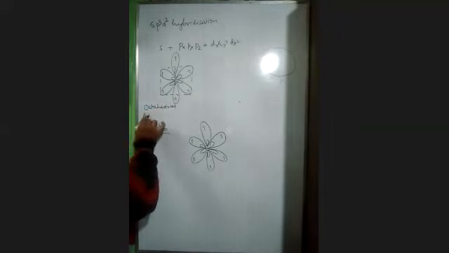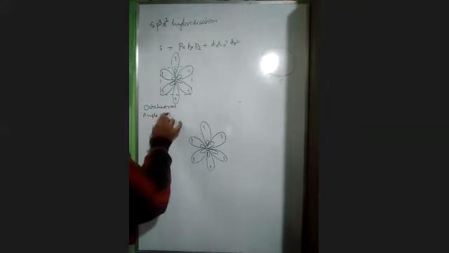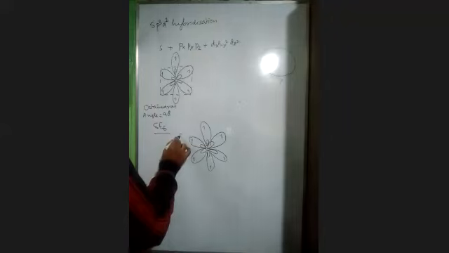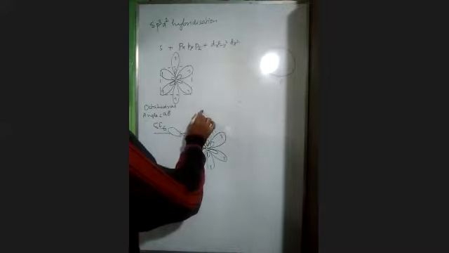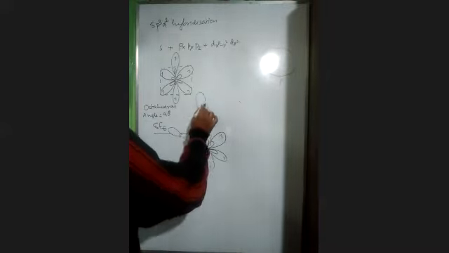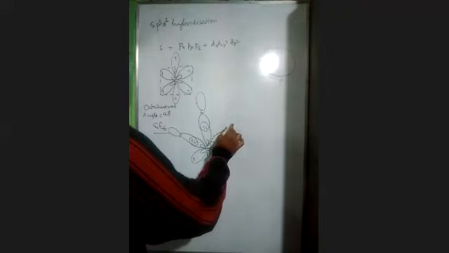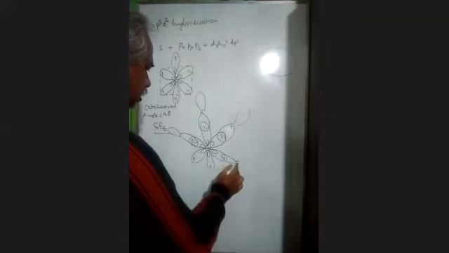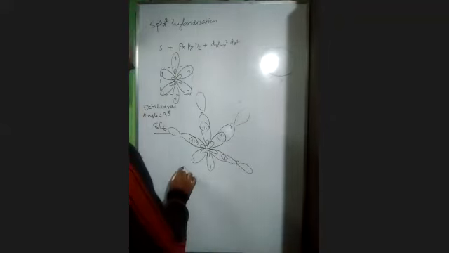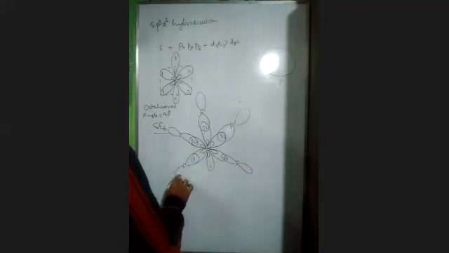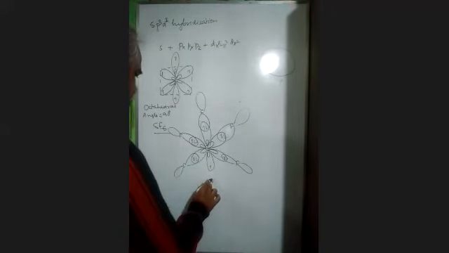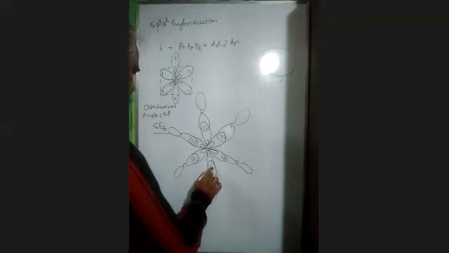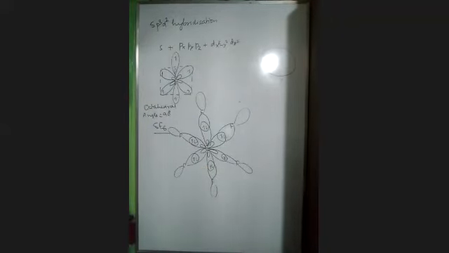And the angle is 90. So F now. F is going to bind to p orbital. This is SF6. Okay, with this I finish the hybridization.